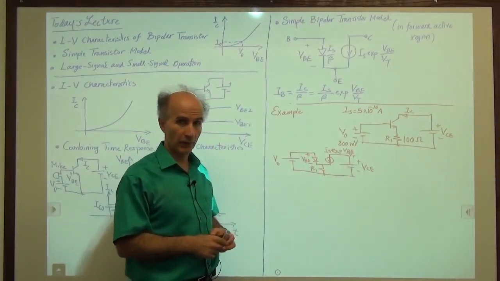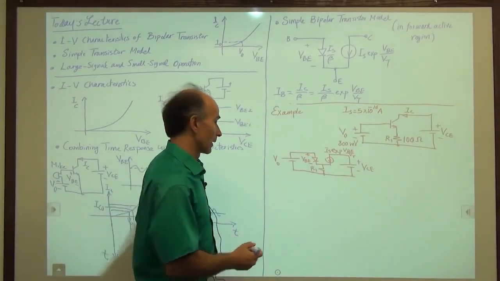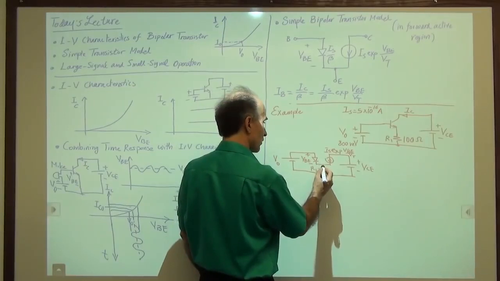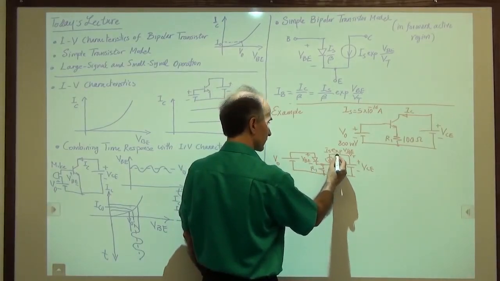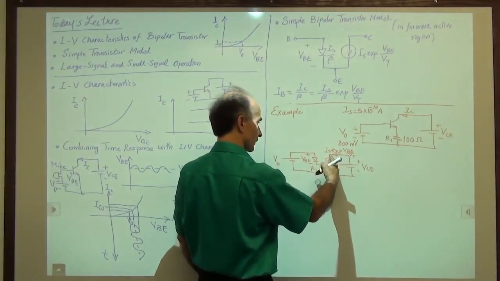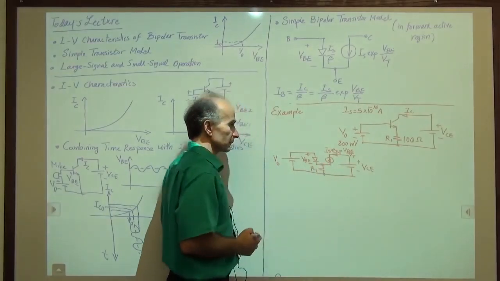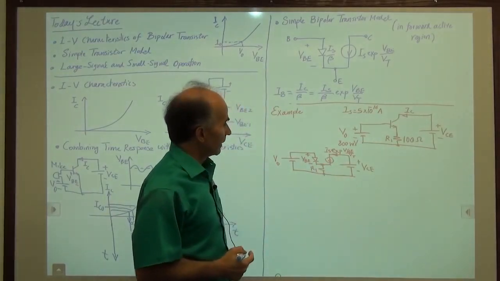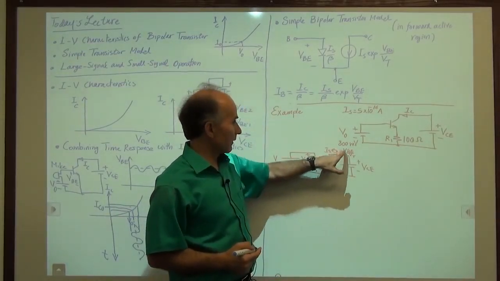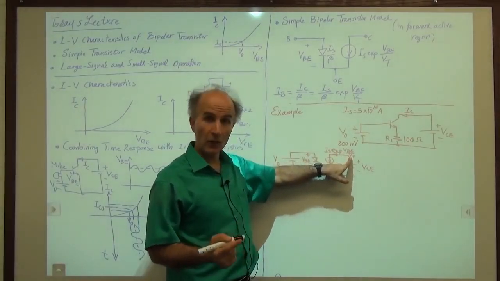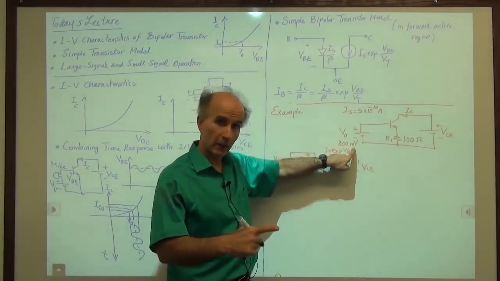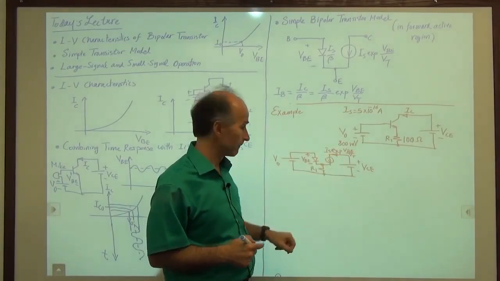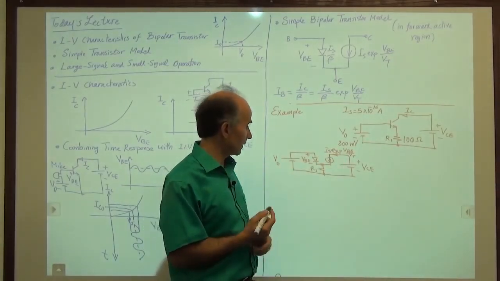And we need to solve the circuit. Okay, and the unknown is this current, which is the same as this current, right? This current. Okay, this current is IS exp of VBE over VT. So the unknown is VBE. If we know VBE, we know the collector current. Can I find VBE here?